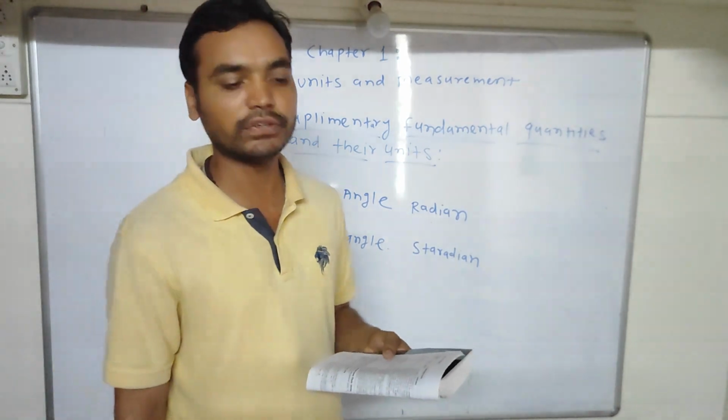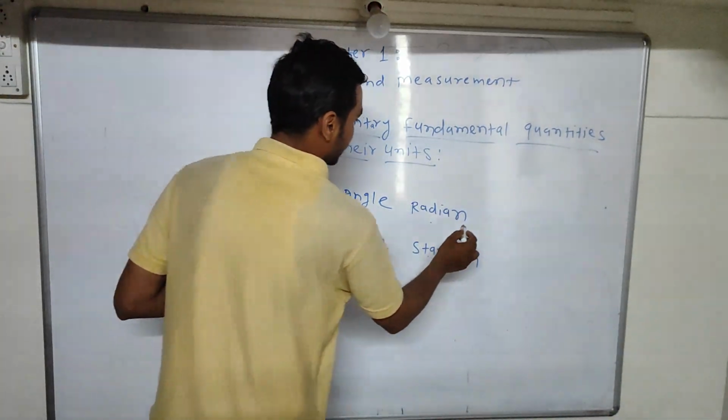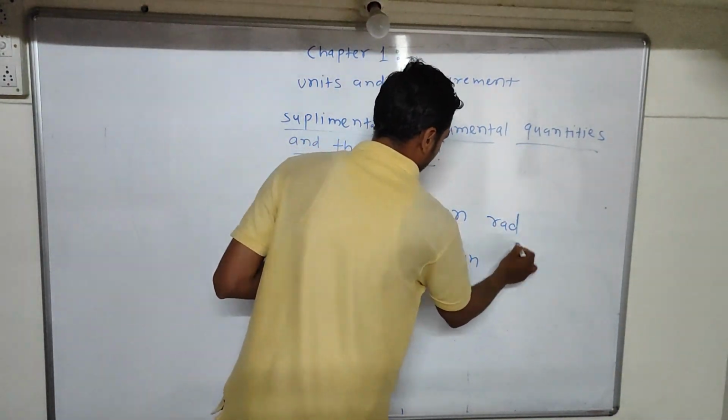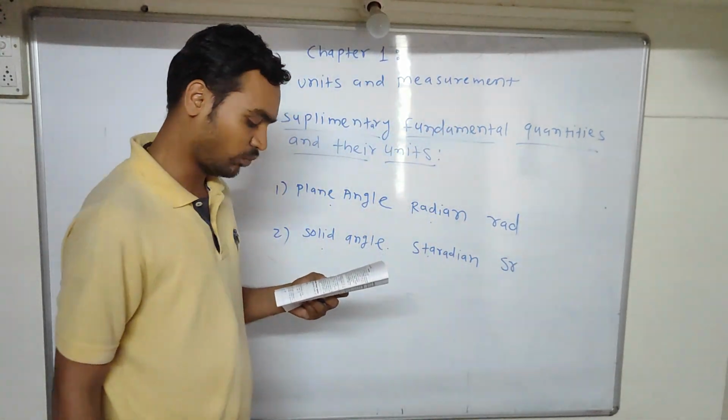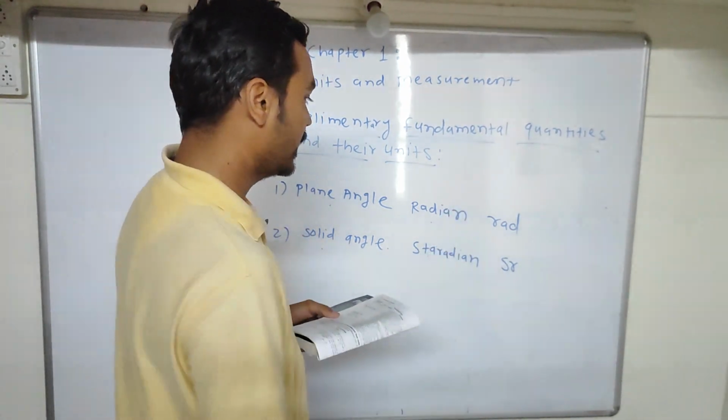What is the symbol for that unit? Radian symbol is rad and steradian symbol is sr. Then what is the definition for radian and steradian?